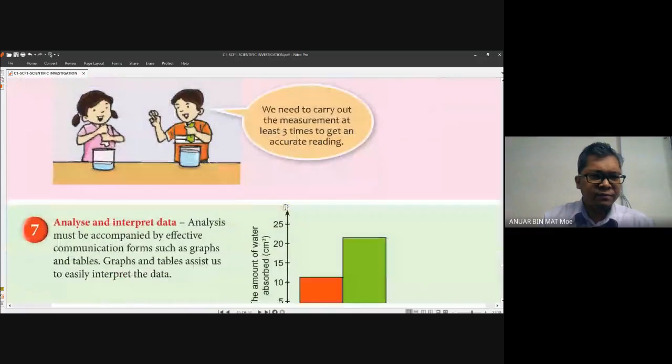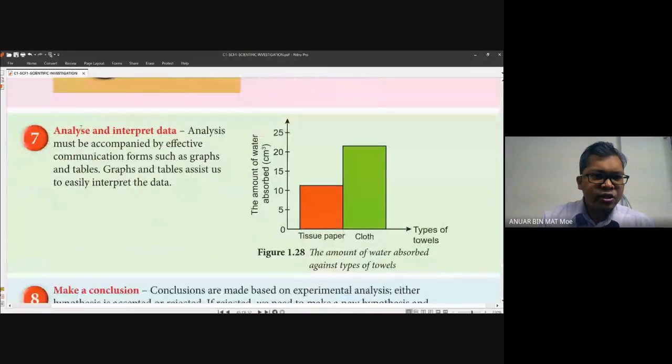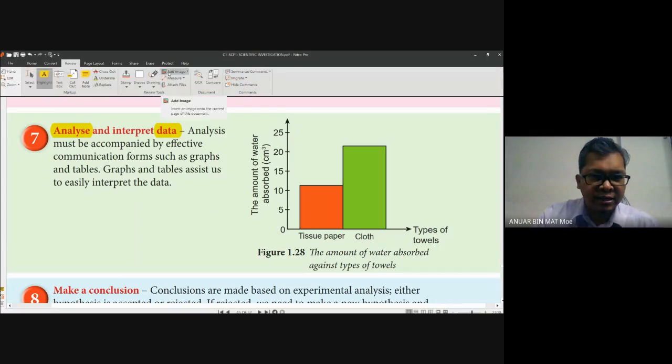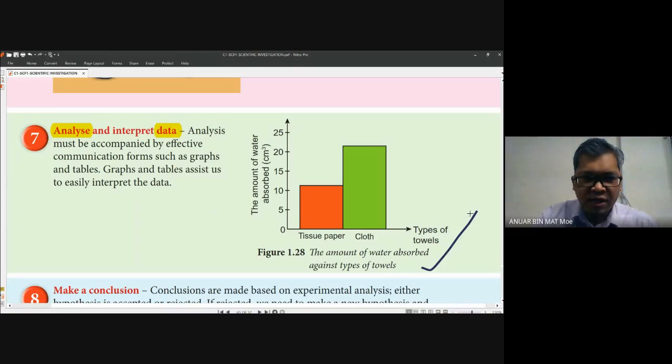Number 7, analyze and interpret the data. Okay. Data can be recorded in the form of table. Okay, and then in the form of table, you can convert the table into the form of chart here. Okay, this is one of the what we call graph.